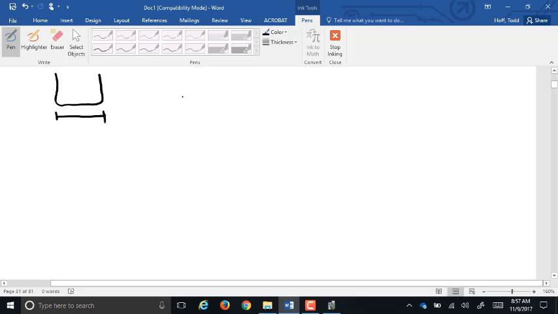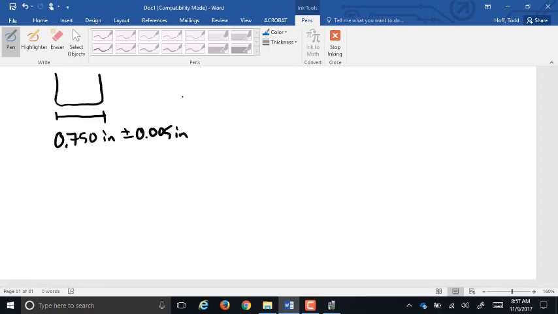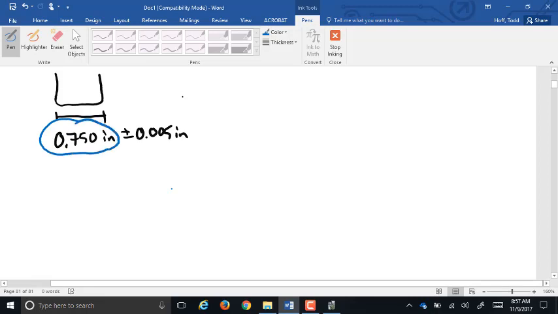If you look at a schematic for something, you see it marked as, what does that mean? Okay.